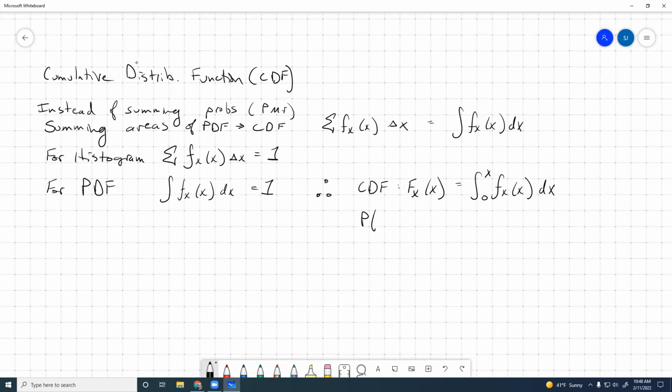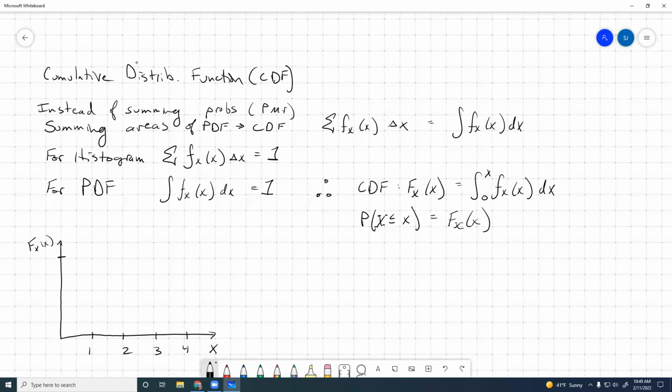And so we can write this as the probability that big X is less than or equal to little x. Then we'll draw it out for that triangle function. We had values of 1, 2, 3, and 4. And then as before, it sums up to 1.